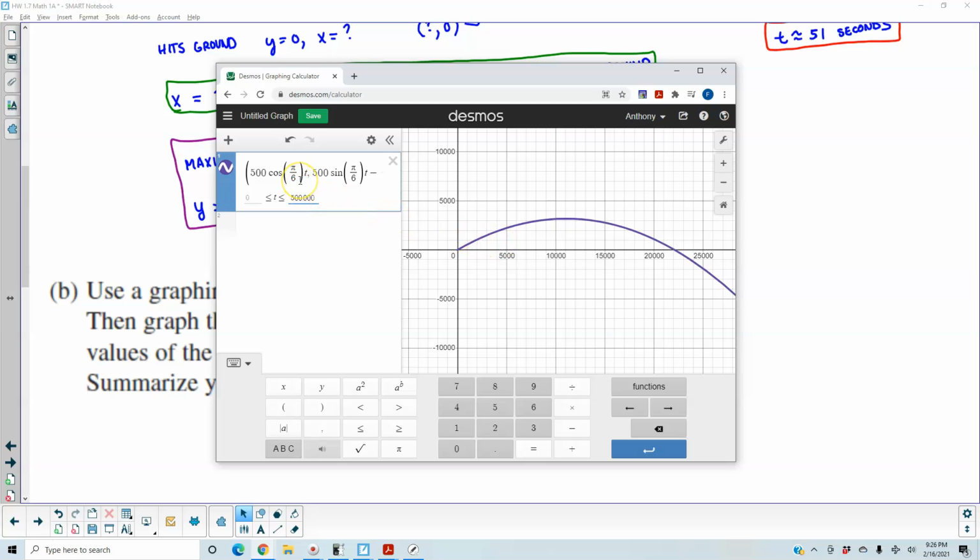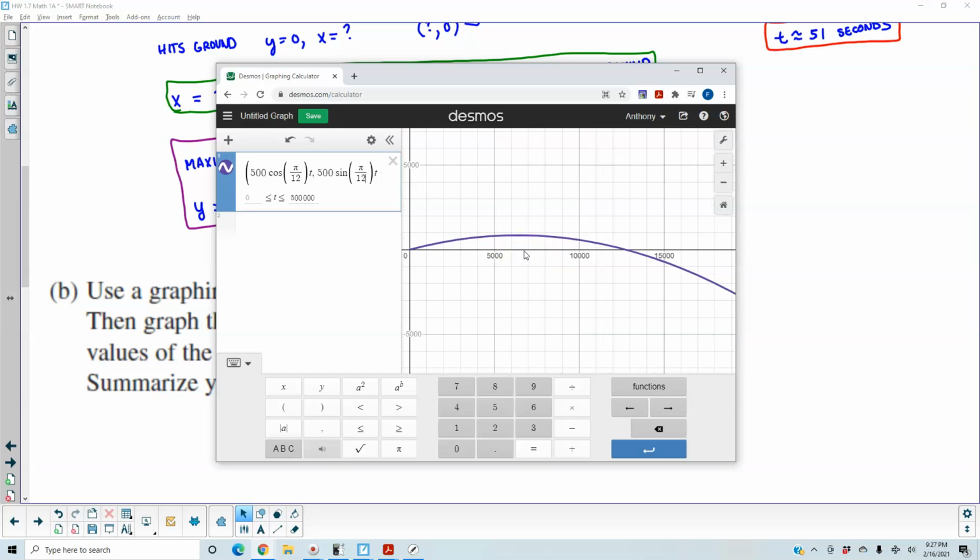Okay, so let's start at the smallest angle. So we're going to have pi divided by 12, which represents 15 degrees. So when it's 15 degrees, we can see that the height is a lot smaller and the distance is also a lot smaller, because the distance ends up being in between 10,000 and 15,000. And the height is smaller. So that is at an angle of 15 degrees.